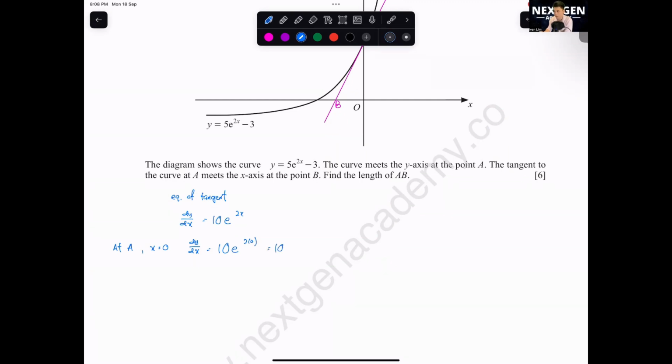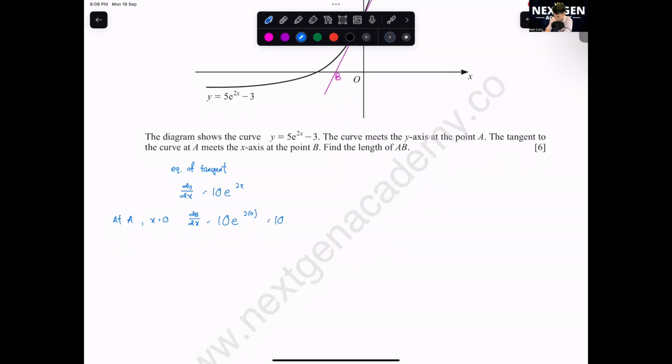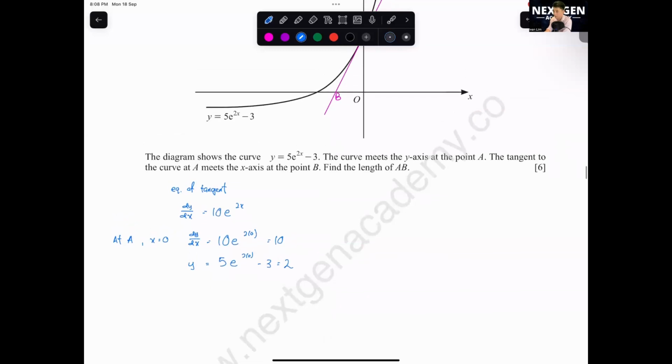You'll get 10. Yes, you differentiate to get the gradient. Then after that, you sub into the y equation to find the y coordinate. So 5e to the power of 0 minus 3 equals 2. Okay, so my point A is (0, 2).